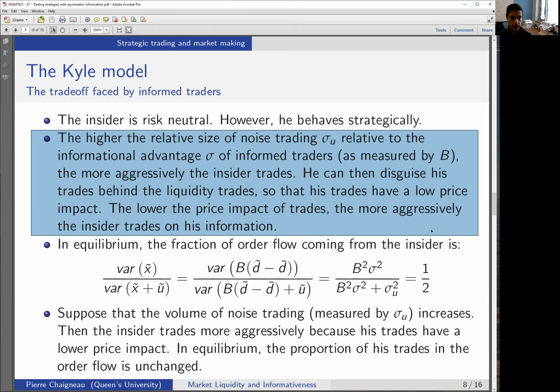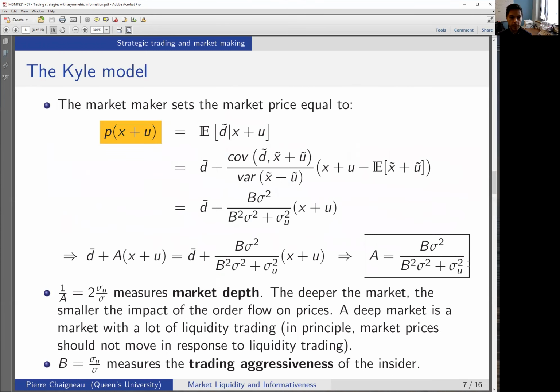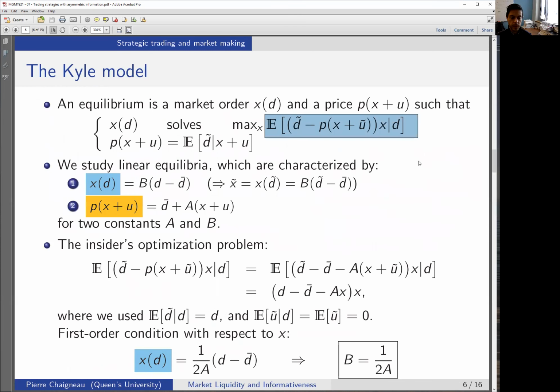Okay. And so how is he going to solve this trade-off? Well, it all depends on the price impact of his trades, right? If the price impact of trade is pretty low, then to maximize profits, the insider is going to trade a lot. But if the price impact of trade is high, meaning the price P is very responsive to the order flow, that includes the quantity X demanded by the insider, then the insider will trade pretty small quantities.